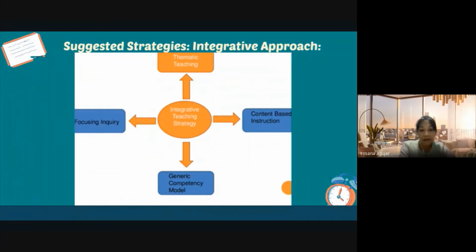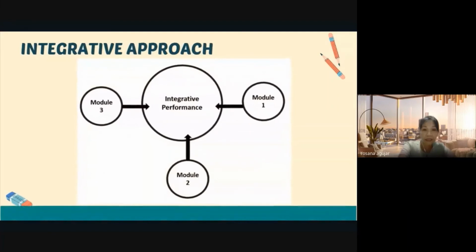And for the focusing inquiry, this is the baseline and a direction. For example, a teacher uses different tools and assessment to check and to determine what the students had already achieved. And this is also one example of the integrative approach.